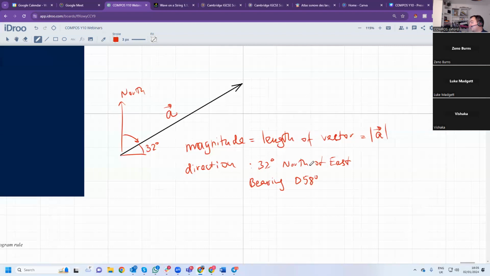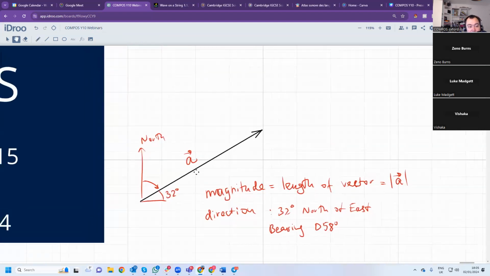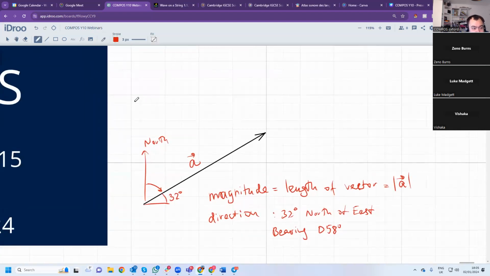That's another way of saying the direction, right? So there's no single way you can give the direction. Yeah, we typically use bearings, but you don't have to. You can say it's to the right, it's to the left, it's up, whichever way you like. Okay, so vectors have magnitude and direction.